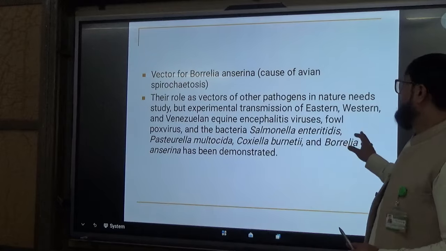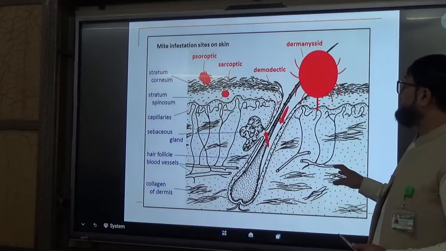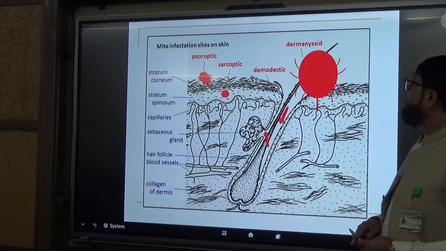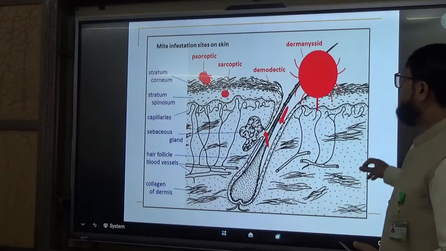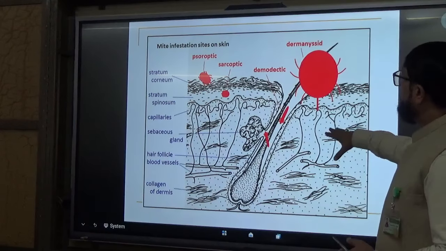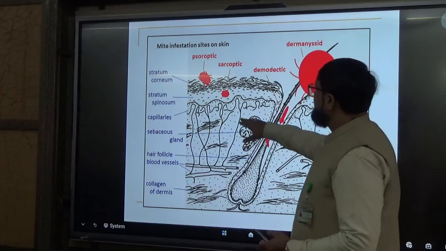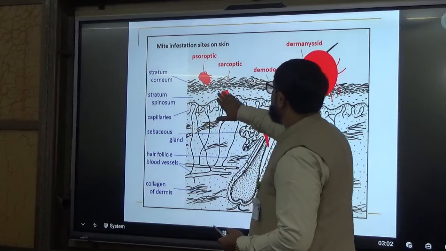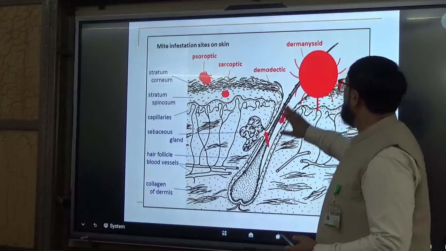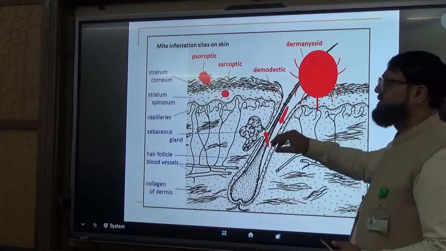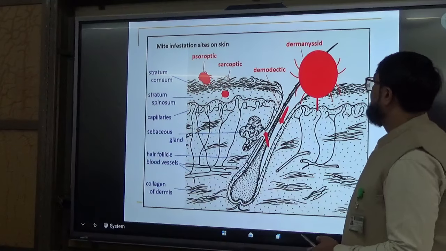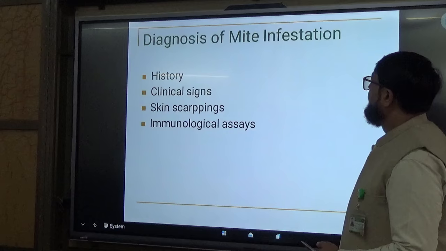So that's why this is probably the worst scenario, where they can play a role in mortality of birds. This picture shows various locations, Psoroptic, where it feeds, Sarcoptic, Demodectic and Dermanyssid, and also gives a size comparison from one another.